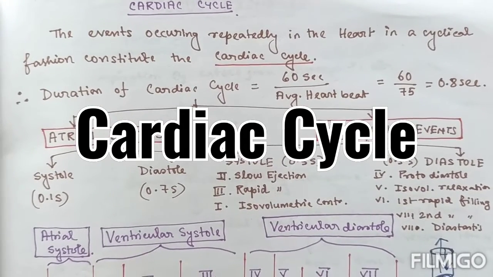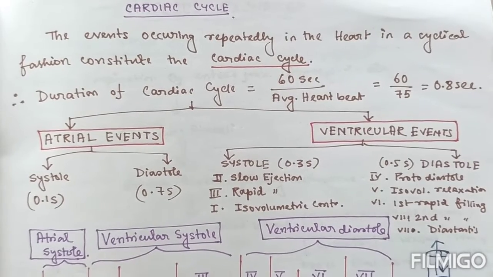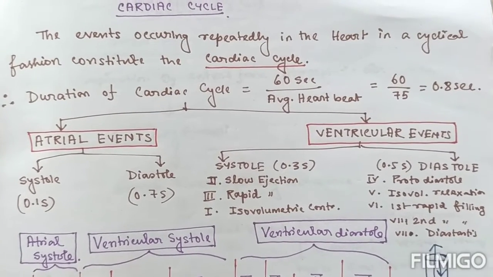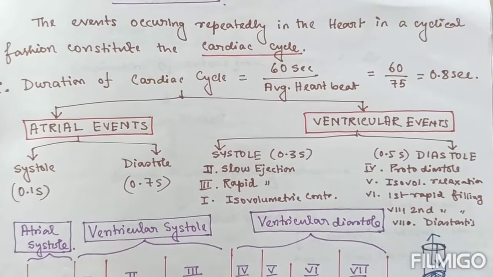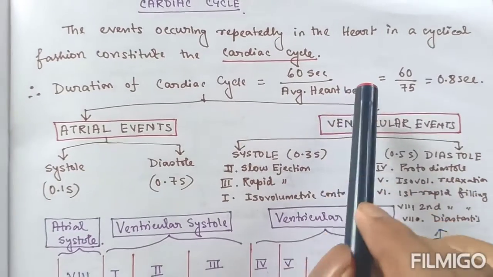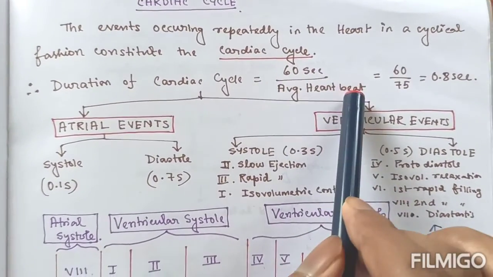Cardiac cycle is simply defined as the events occurring repeatedly or cyclically in heart. The duration of cardiac cycle can be measured by taking the time duration per average heartbeat.